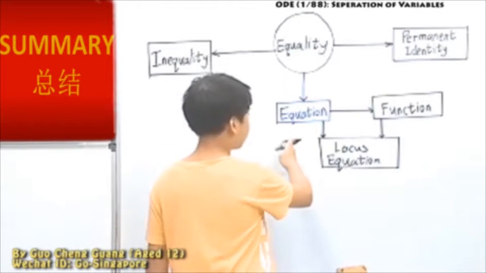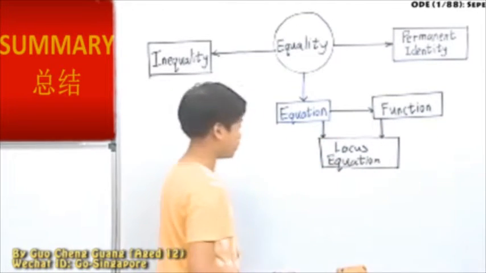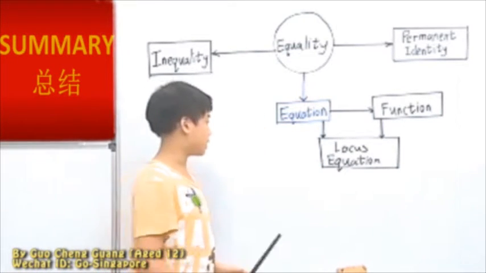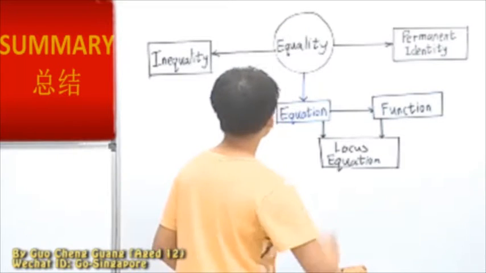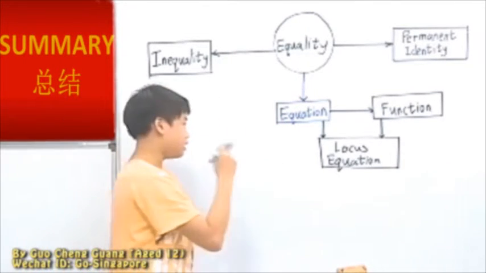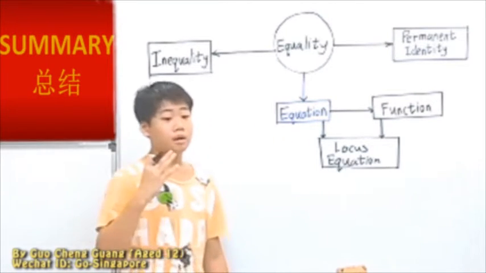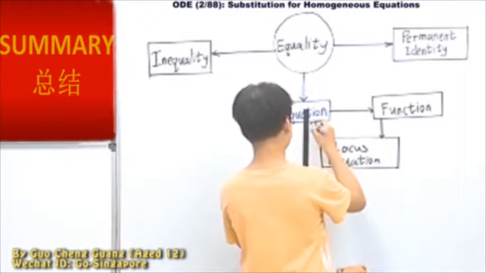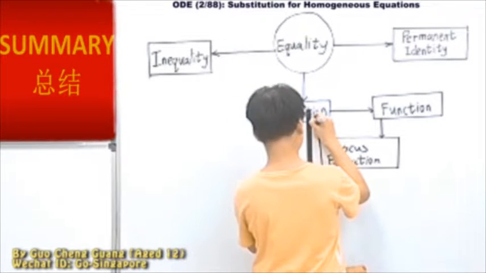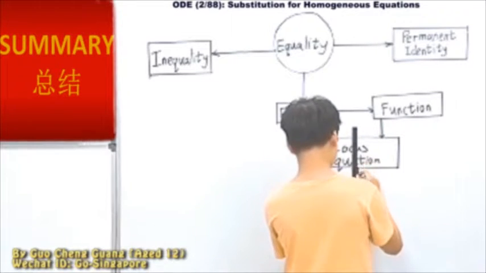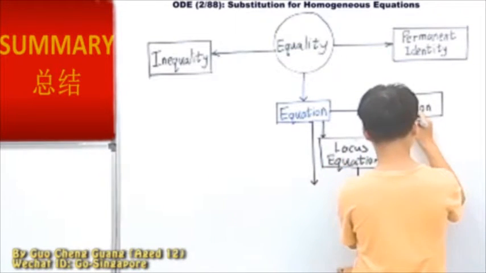But then, equations, functions, and locus equations, we can make an operation to change them all into something. This is ordinary differential equations. These differential equations still have to involve differentiation. So there must be this differentiation.